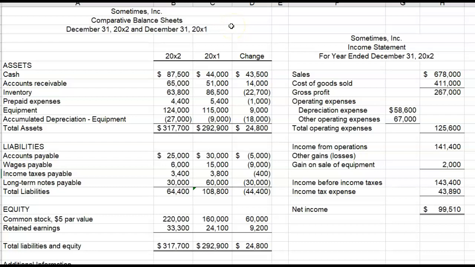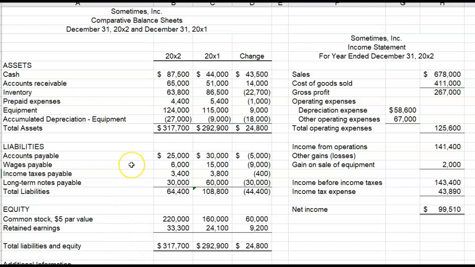Now, I posted a number of lecture videos in the instructor lecture videos for chapter 4. So you should be pretty familiar with how to prepare a statement of cash flows, and we're going to do this fairly quickly because it is just a review study guide. On the second tab of this Excel spreadsheet, I have given you the lined paper that you need to prepare the statement of cash flows.